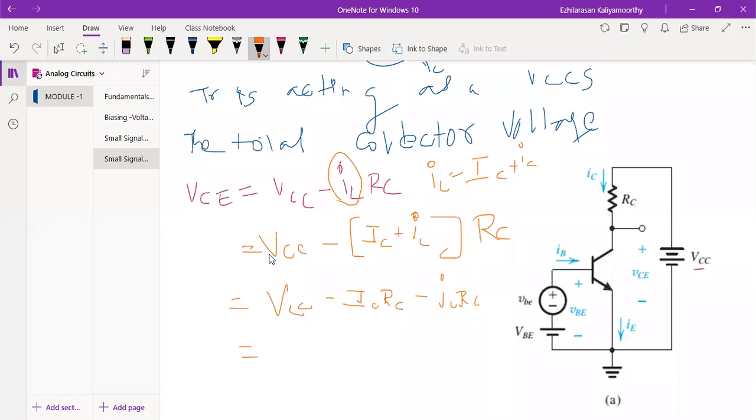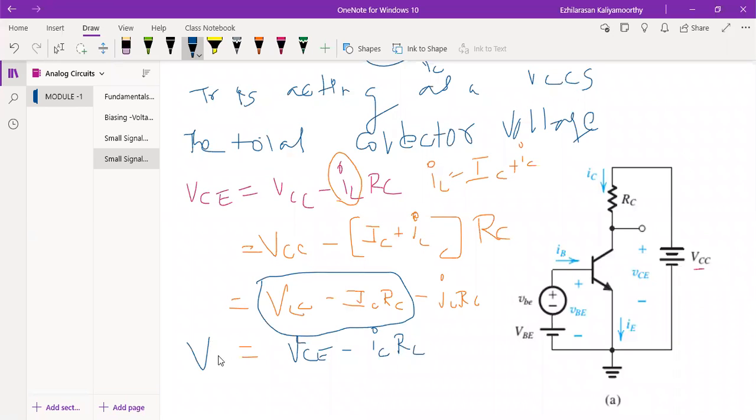So now we can think, what is this? VCC minus IC RC is nothing but capital VCE. This is VCE minus ic RC.